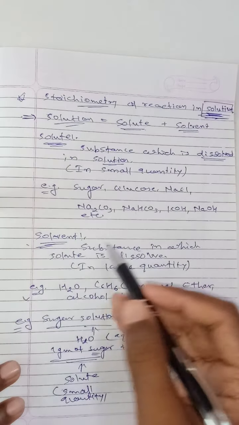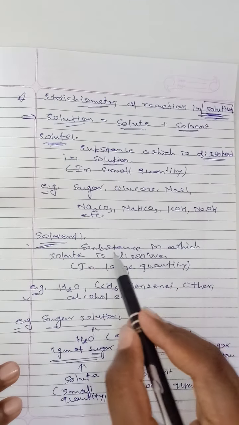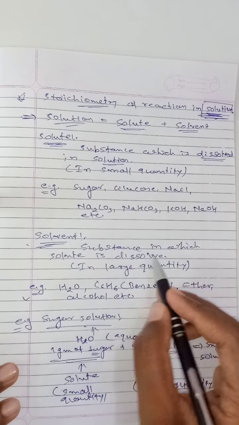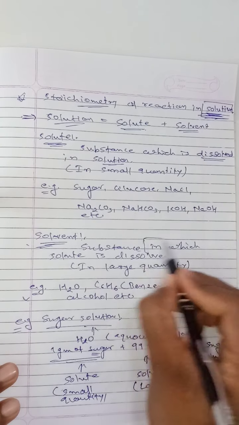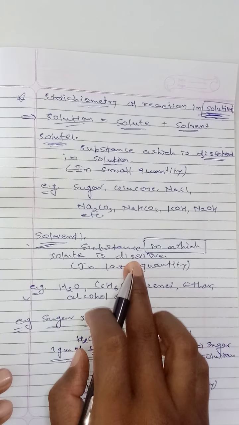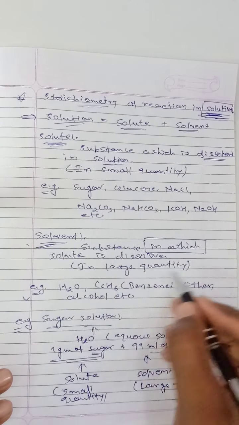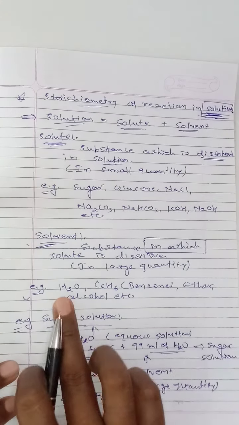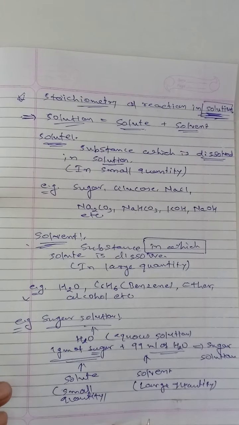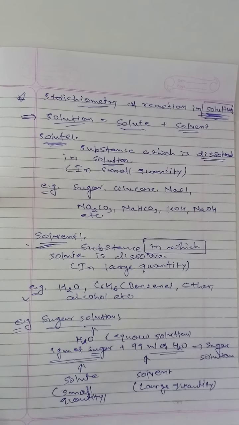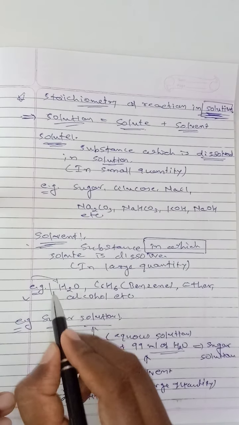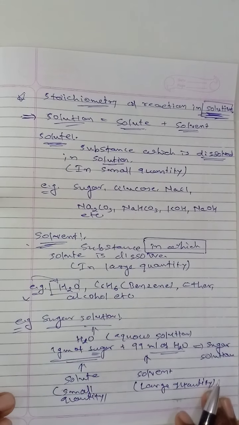The substance in which solute is dissolved, the solvent, is always in large quantity. For example, water, benzene, ether, alcohol, etc. The best universal solvent is water.